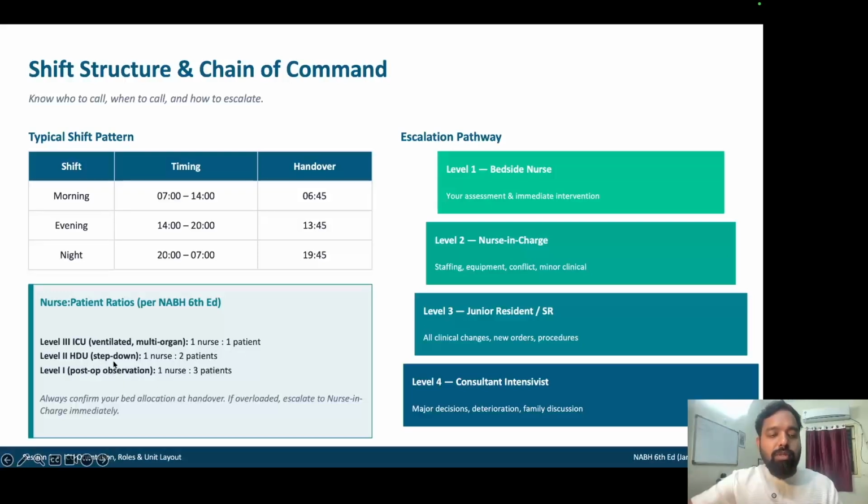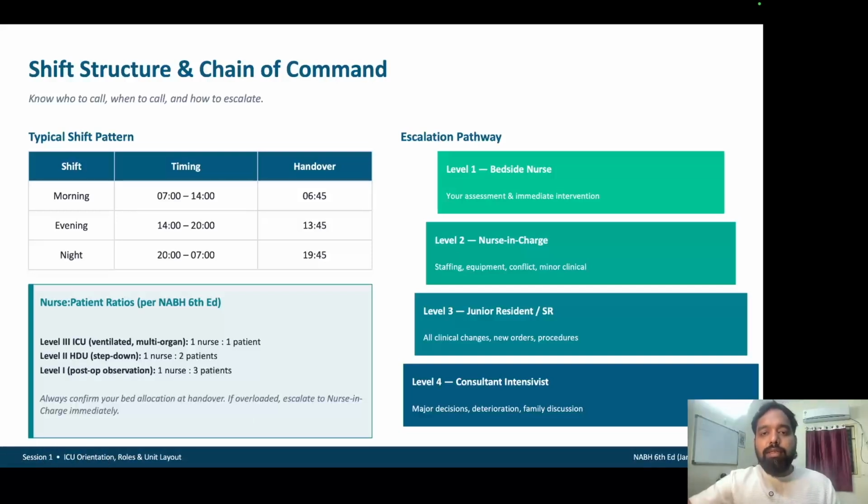Level 2 HDU patients are step-down or improving patients; one nurse can handle 2 such patients. In level 1 post-op observation patients, 1:3 can be accommodated. Always confirm your bed allocation at handing over. If overloaded, escalate to the nursing in charge immediately, because quality is more important than quantity.